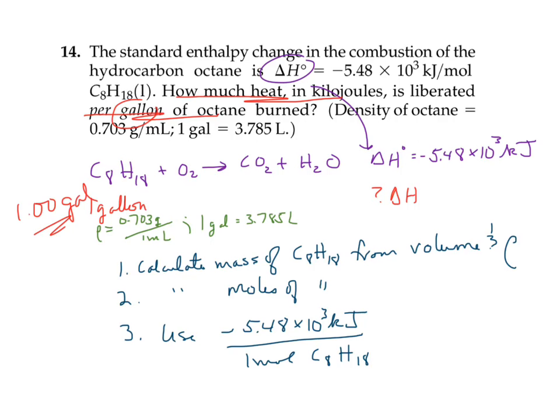Step number 2, then you wouldn't have to break out a separate step. You could just tack on the molar mass of C8H18 to get the moles. And you could even go ahead and continue that thought and plug in the energy per mole to get to energy. Okay, you don't have to separate this into 3 separate problems. So that's just kind of my hints there.